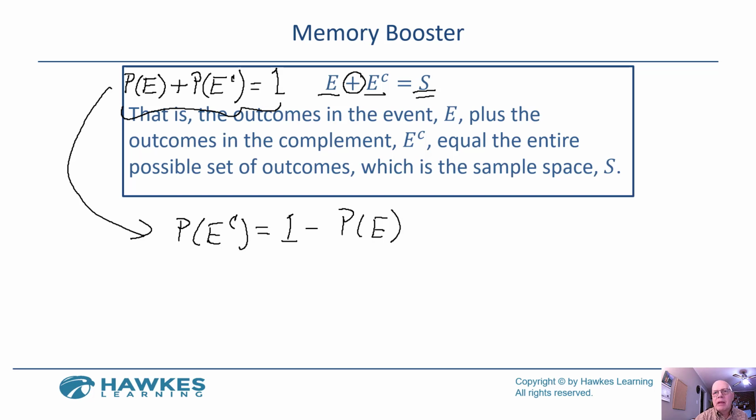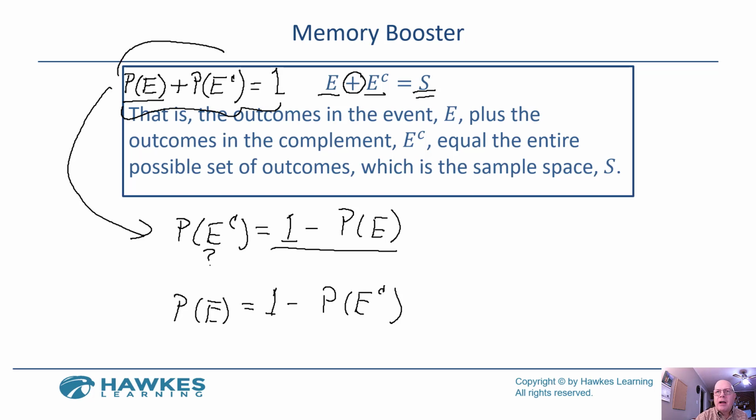So if this is what you want right here, you can do it this way. Just subtract the probability of E from both sides, you've got your new equation. Or you could do it this way. Subtract the probability of the complement, excuse me. But if you're going to remember something, remember one equation, not three.